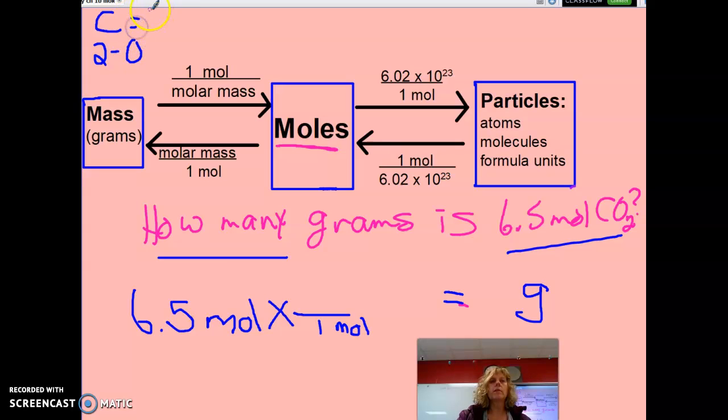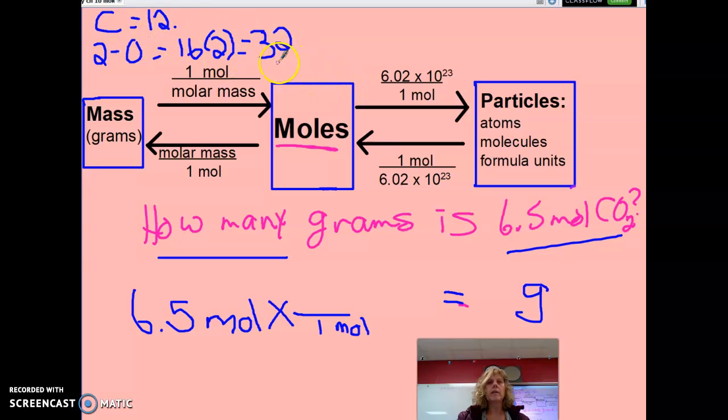Carbon is 12.01, so I'm just going to say 12. Oxygen is 16, but remember, we're looking at 2 oxygens, so that is 32.